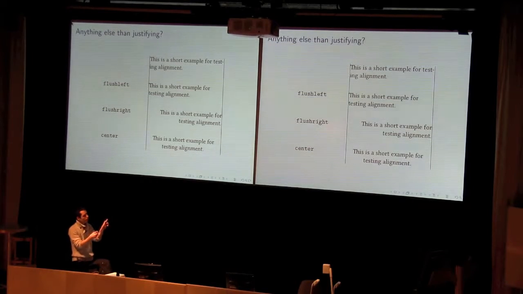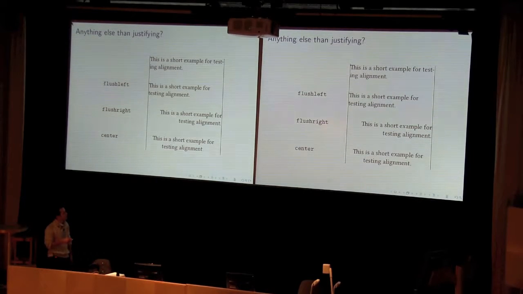If you have only 3 words on the line, and they are not exactly the size of the column, you have extra space everywhere. It can be better to keep this space at the end. So we have these environments. So here is how you will use this environment if you want to produce that. Here is exactly the same text as default, a line on the left, a line on the right, and centered.